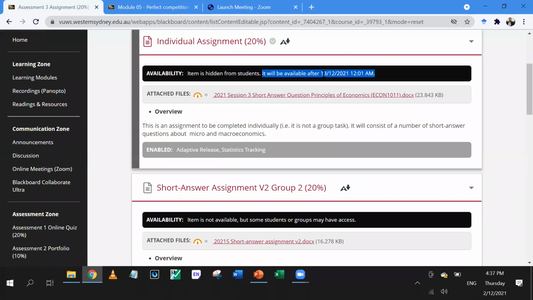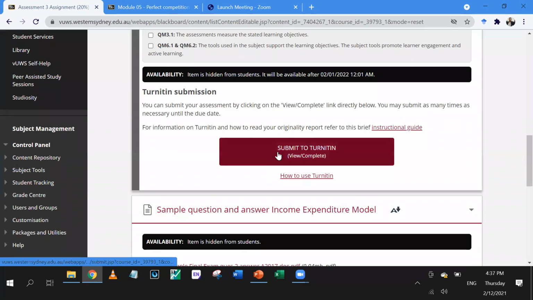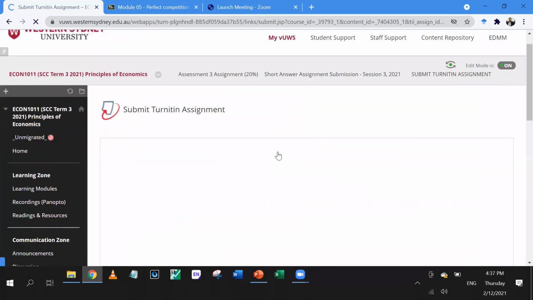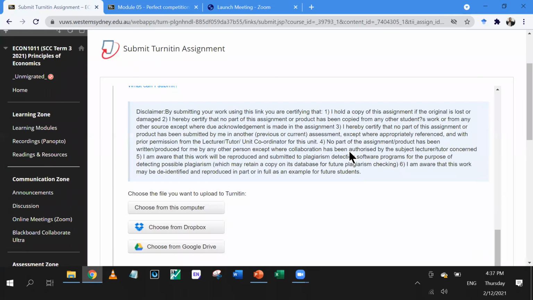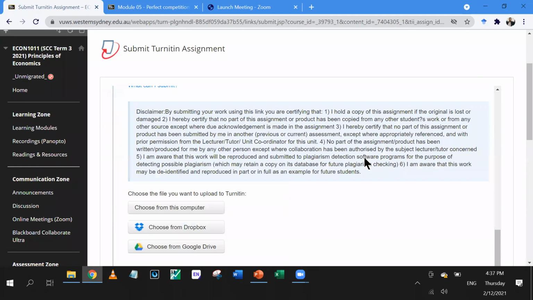So 13th of December, it will be available for you guys to have a look. After that, you can submit it in here. Your submission deadline is in here. You just submit it here: first name, last name, submission title, and choose from the reference.